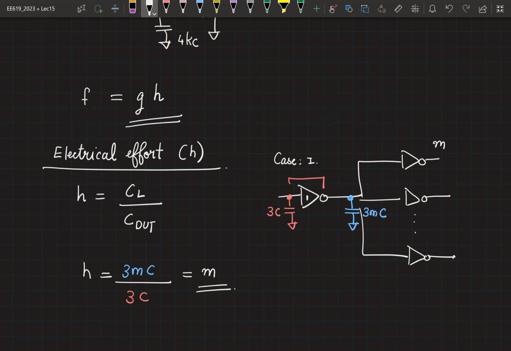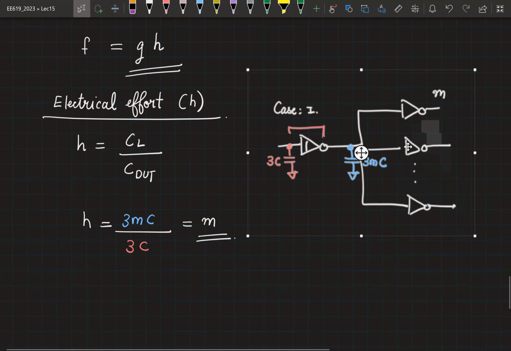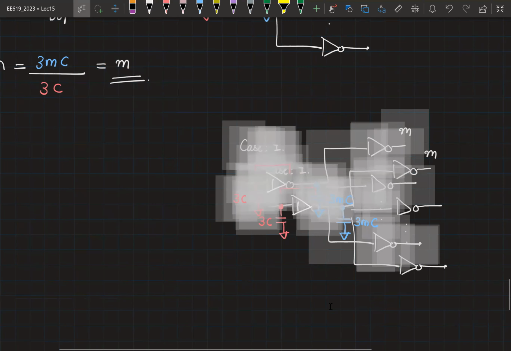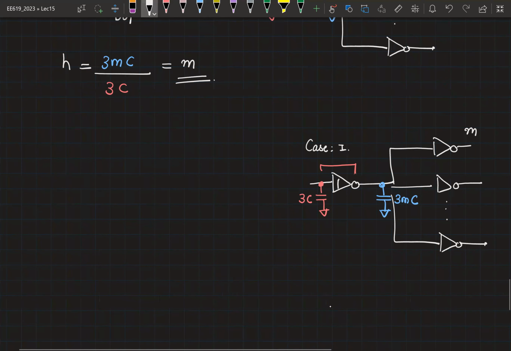Okay. Now let's say I upsized it by K. Now, how does the circuit change? So this inverter has been upsized as K. What is the input capacitance?